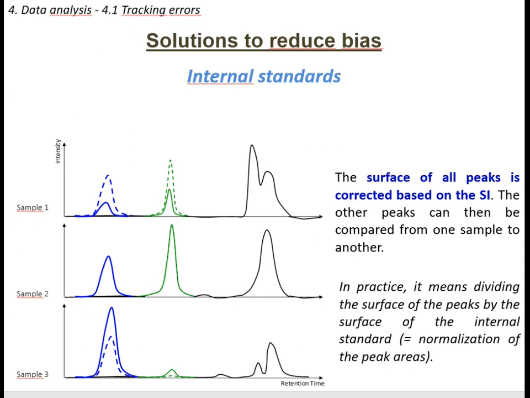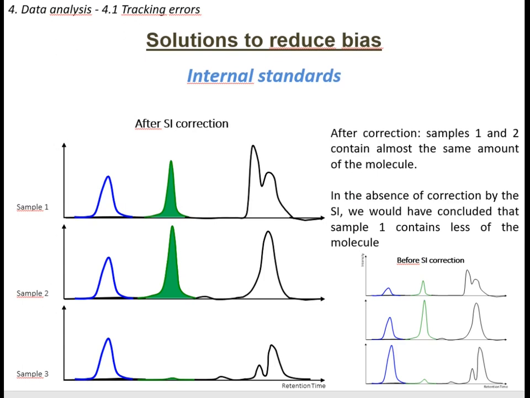So you make the hypothesis that all the molecules, and especially the molecule of interest, have been submitted to the same problems that you detect with the internal standard. So in practice, it's very easy. You just have to divide the surface of the peak of interest by the surface of the internal standard. So you make your integration to quantify these peaks, and then you just make a ratio, and you will have a normalization of your molecule of interest by the internal standard.